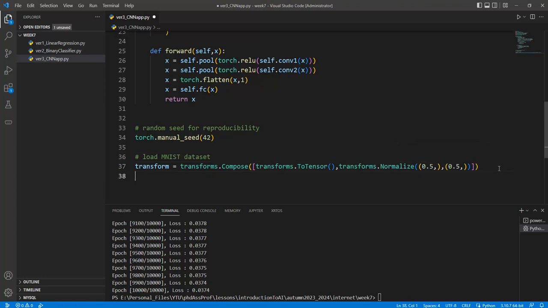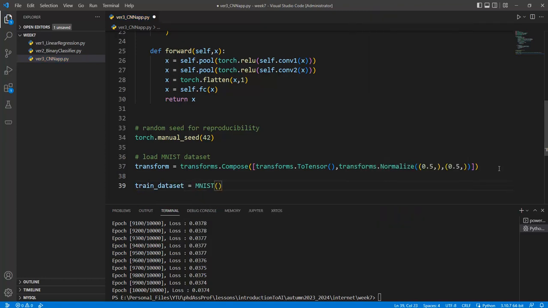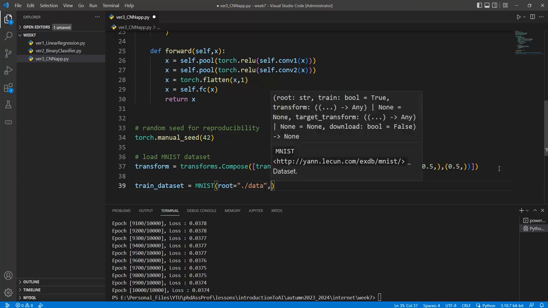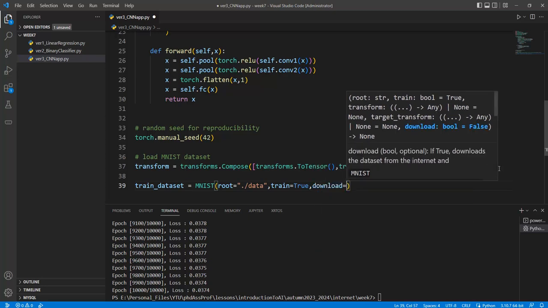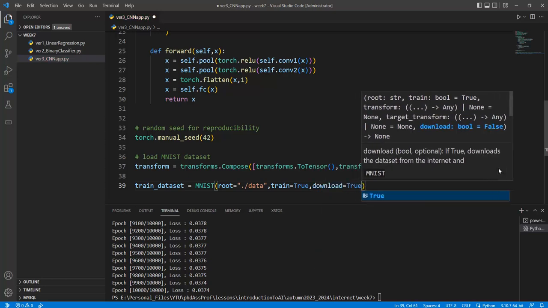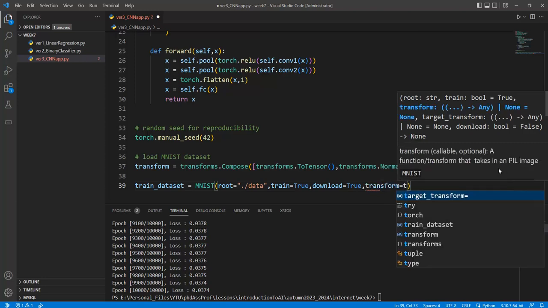After that, the train dataset can be obtained with MNIST, and the root is assigned to the data folder. This is the downloading folder for the MNIST dataset, and the train parameter is assigned to true, and download is true if it is not already installed on your computer, and the transform is the transform.